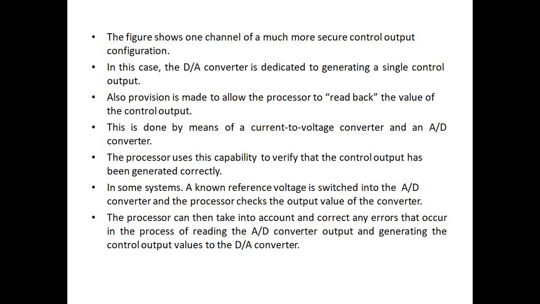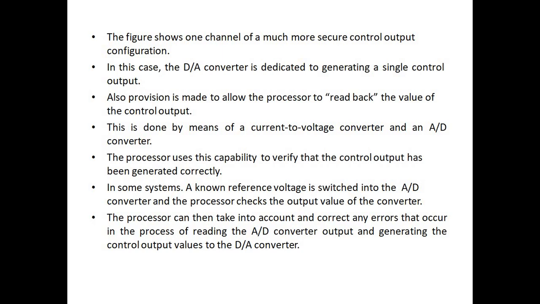The figure shows one channel of a much more secure control output configuration. In this case, digital to analog conversion is dedicated to generating a single control output. Also, provision is made to allow the processor to read back the value of the control output.